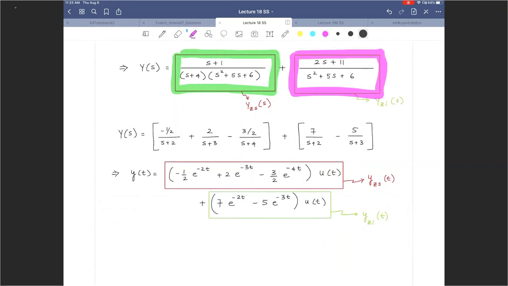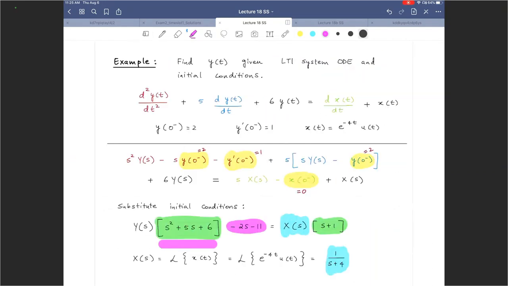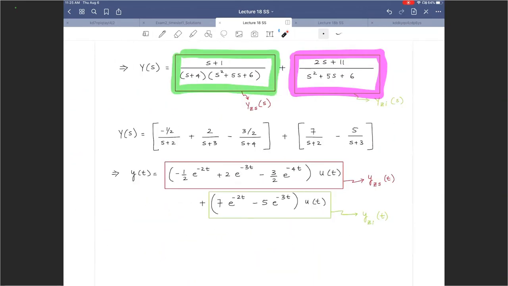As you can see, the 2s minus 11 is coming due to the initial conditions, y of 0 minus, y prime of 0 minus, and x of 0 minus. So that 2s minus 11 term is because of all of that, which means that it is going to relate to Y sub zi, zero input, of s.